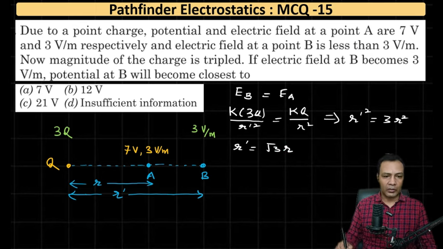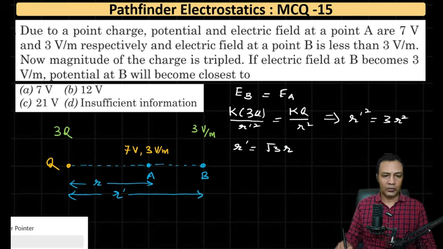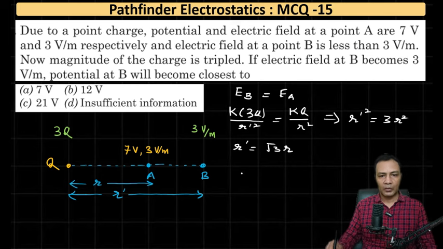Now the initial potential at A, when the charge was Q, was KQ by R, and that potential was 7 volt.